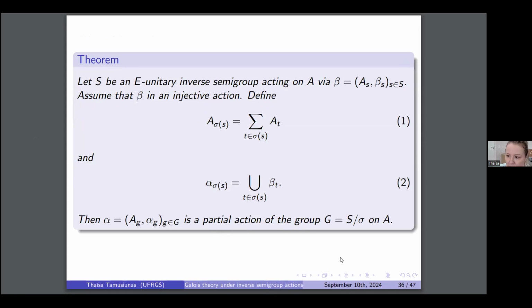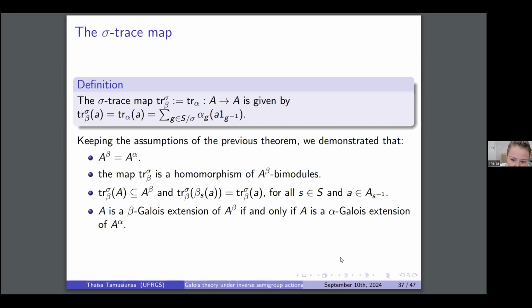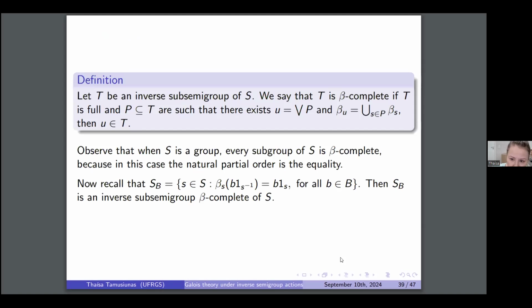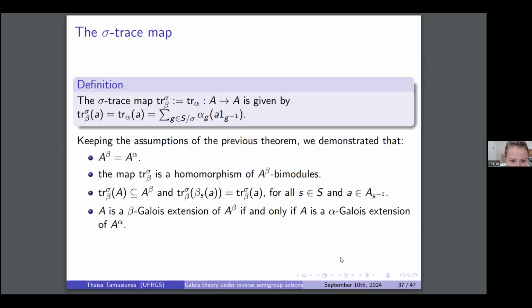So with E-unitary groupoid actions, you reduce somehow to partial group actions, and in the general case, you reduce to E-unitary group actions because they do appear in nature even if the semigroup is general. That's essentially the idea, if I understood correctly, right?